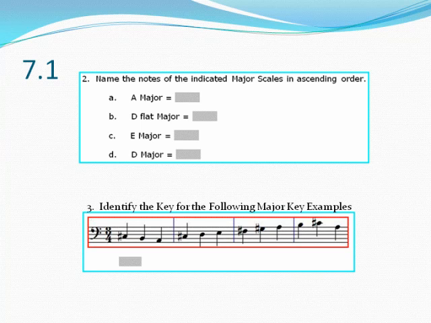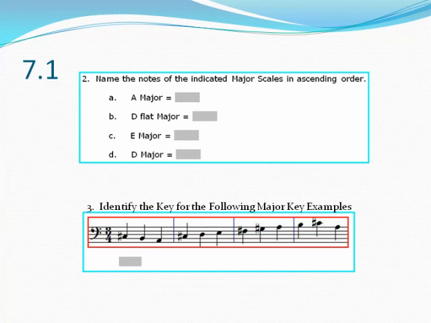Third part of this assignment, identify the key for the following major key examples. This is a little bit different. I'm looking at this example right here, and I'm taking that as a whole, all 4 measures there.